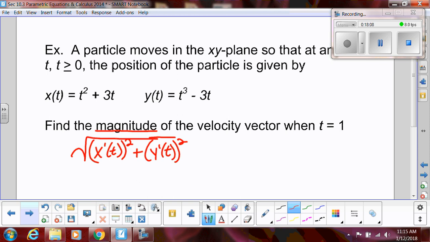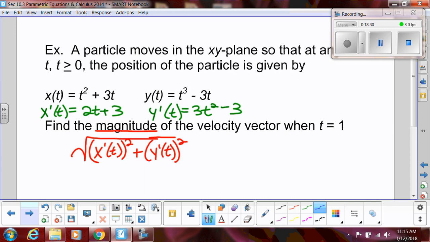All right, so we have to do the first derivatives. So x prime is going to be 2t plus 3. Y prime is going to be 3t squared minus 3. So now we have to evaluate those when t is equal to 1.